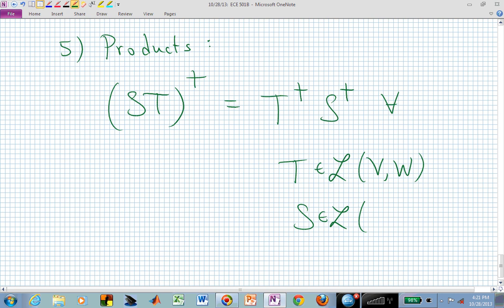So if we simply look at the first operator before we take the adjoint, we first process a vector with T, and then we process it with S. So the result of an operator operating on a vector that we now know is V, we end up in W. So S better take something in W and take it somewhere else. Let's call it U. So this will now be from W to U.